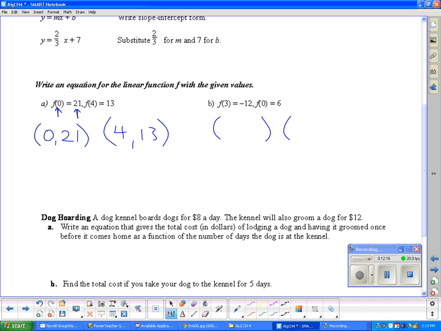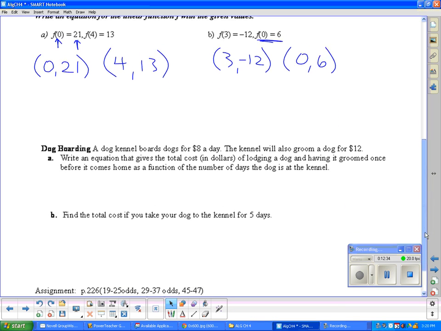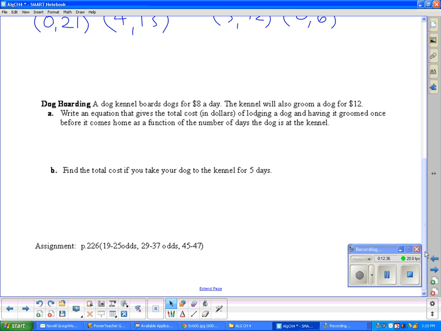All right, so let's take a look at this last thing here. We have dog boarding. Okay, so a dog kennel boards dogs for $8 a day. The kennel will also groom a dog for $12. And it says we want to write an equation that gives the total cost in dollars of lodging a dog and having it groomed once before it comes home as a function of the number of days the dog is at the kennel.